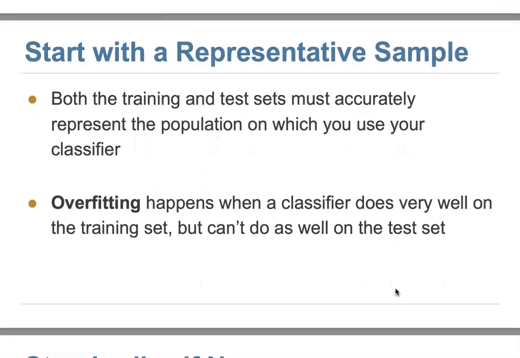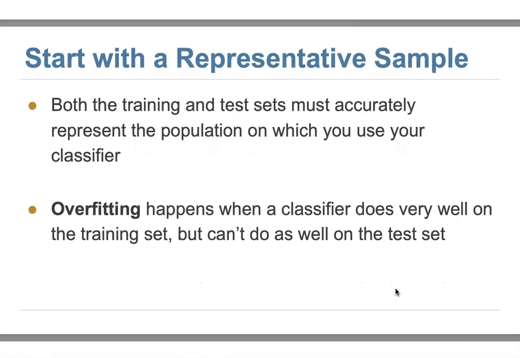And also one thing is start with a representative sample. So that's what we said earlier. Both the training and test set must accurately represent the population on which you use your classifier. Like earlier we said, you need more diversity. Overfitting happens when a classifier does very well on the training set but cannot do as well on the test set.